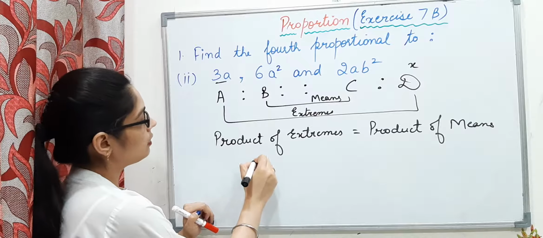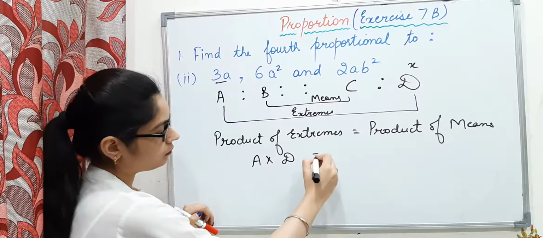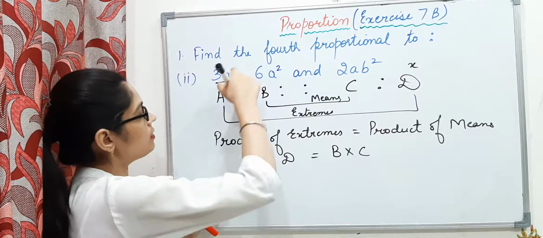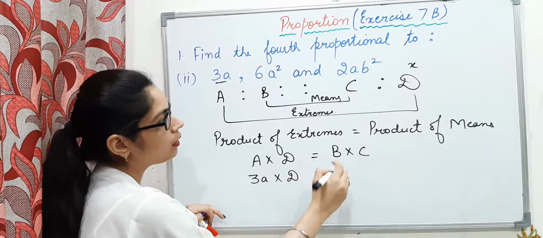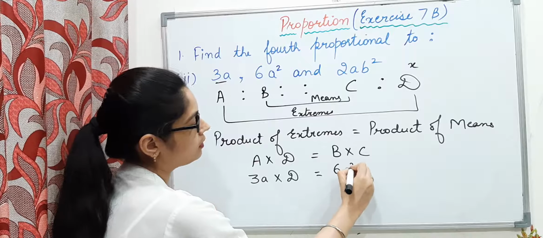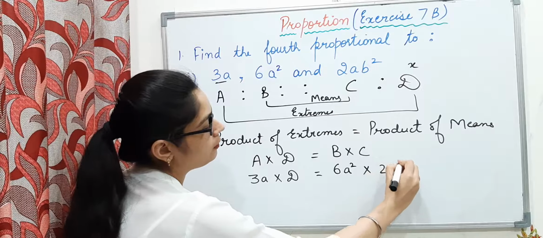So I will first write A into D, it is equal to B into C. A is 3A, D I will write as it is, D, B is 6A square, C is 2AB square.